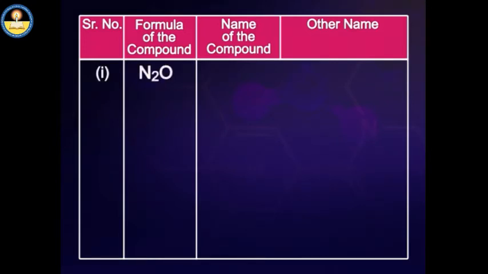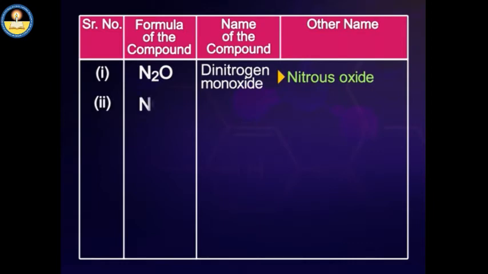Formula of the compound is N2O. Name of the compound is dinitrogen monoxide. It is also named as nitrous oxide. Similarly, formula is NO. Name of the compound is nitrogen monoxide.